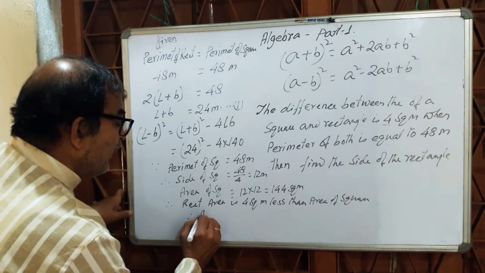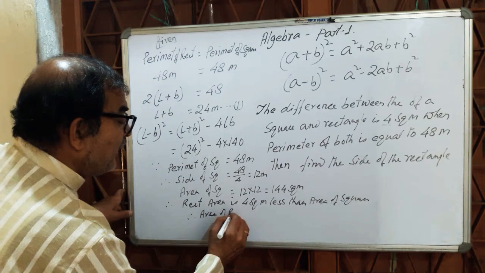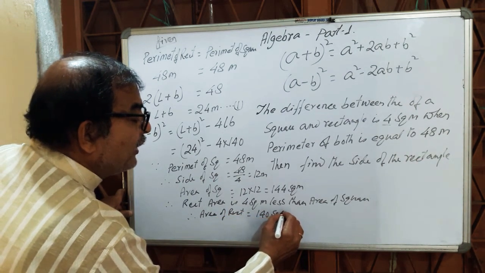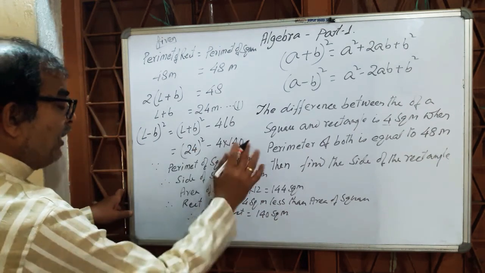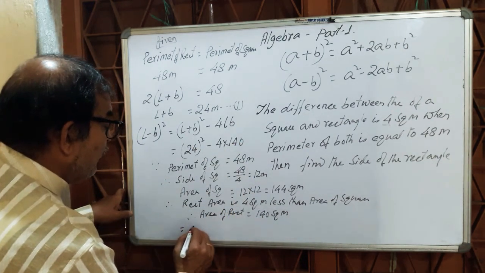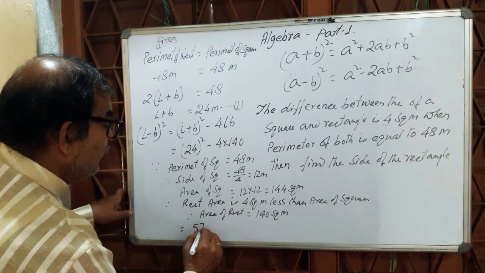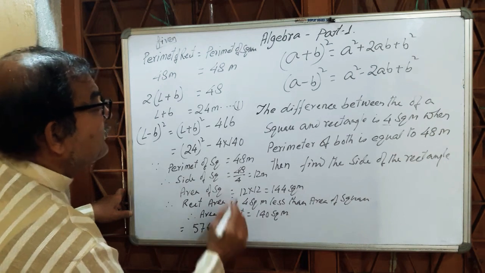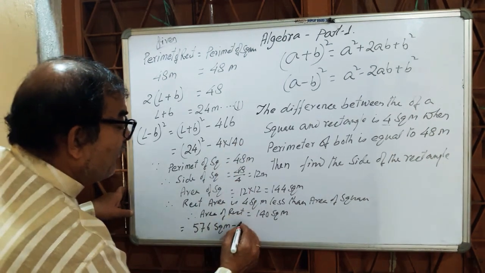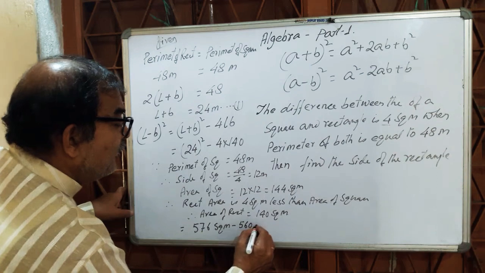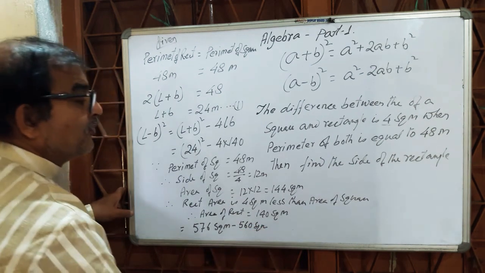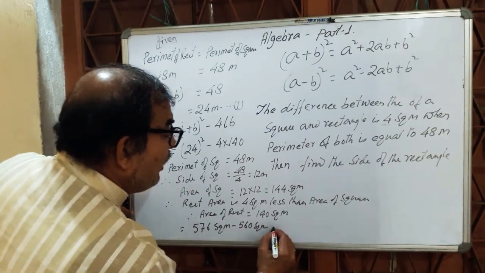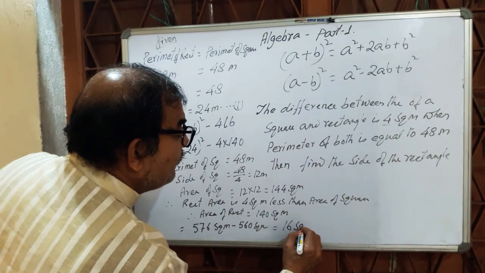Therefore the area of the rectangle equals 140 square meter. Now you calculate it. 24 square equals 576 square meter, minus 560 square meter. So how much is it? 576 minus 560 is 16 square meter.